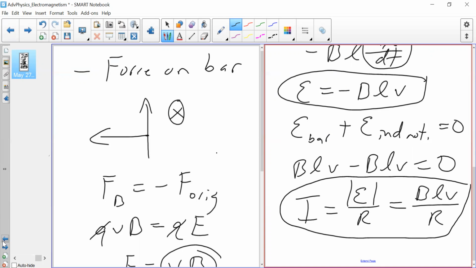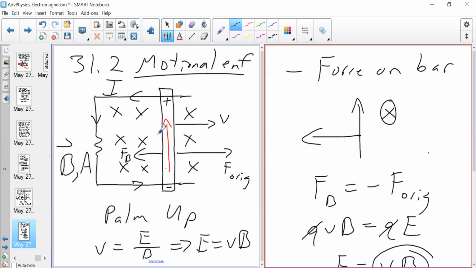So for example, as this bar is going through this apparatus, the original field is inside. So we're going to have this current that gets created that has this voltage, let's say from top to bottom, a voltage drop from high potential to low, then the induced voltage is going to be from low to high to have the voltages equal 0.